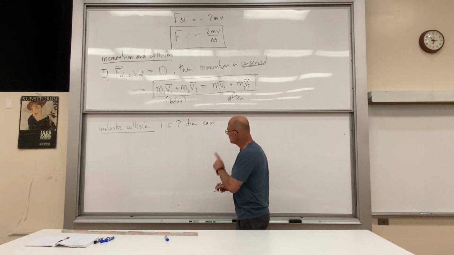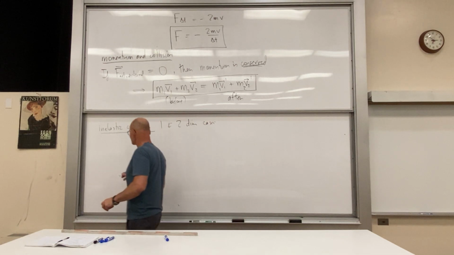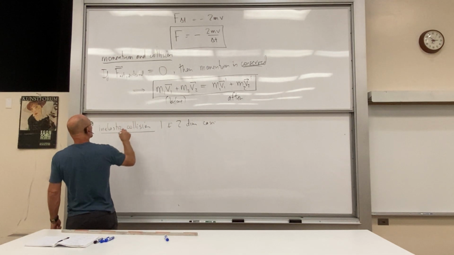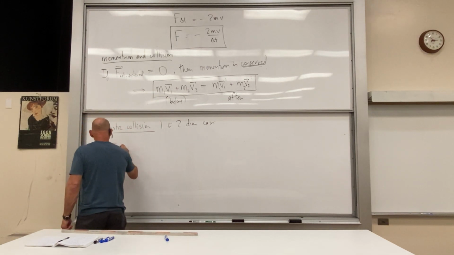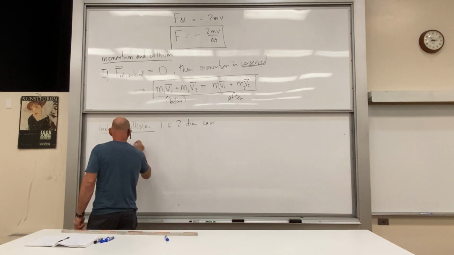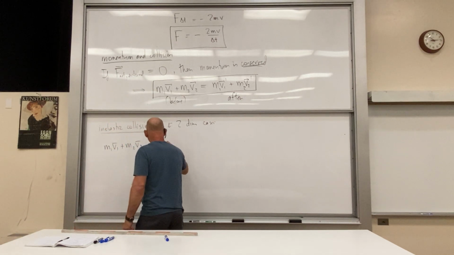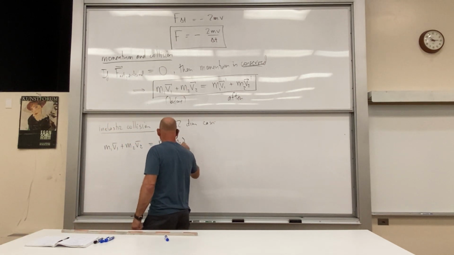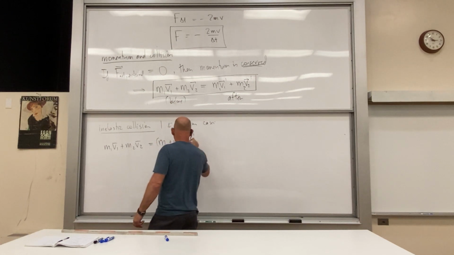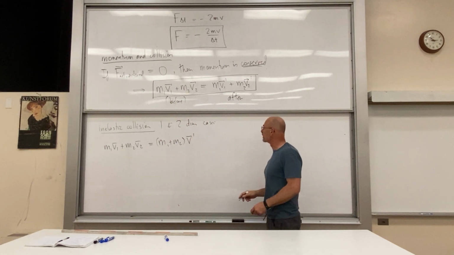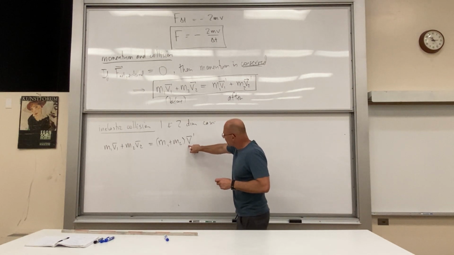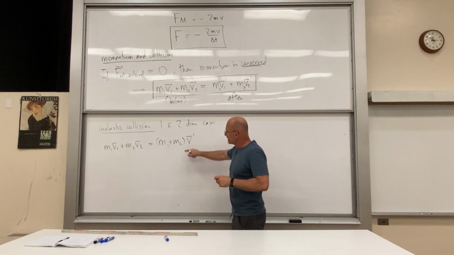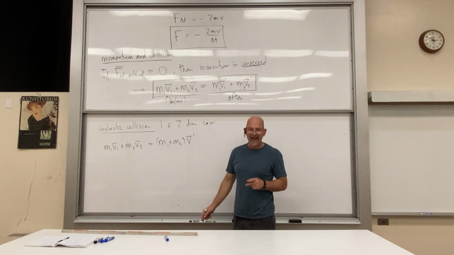I can start with the two-dimensional case. I have from this law here, M1 V1 plus M2 V2. If they collide and stick together, they have a common final velocity. So that's how we write this equation out. And remember, this vector equation simply gives us a triangle.